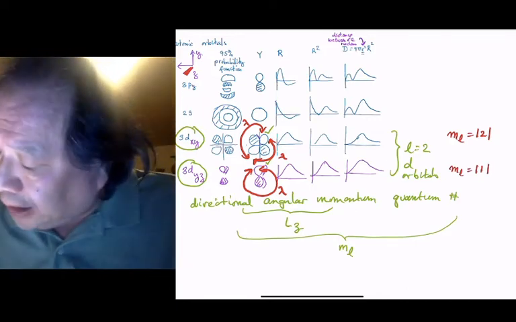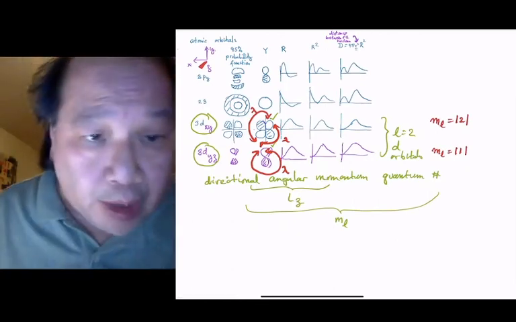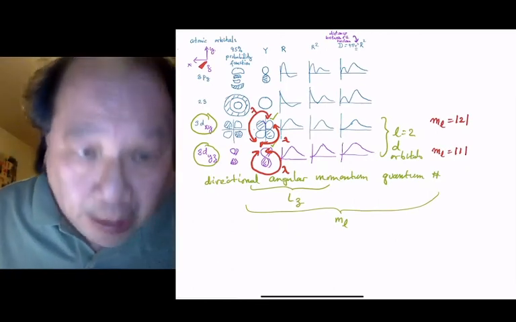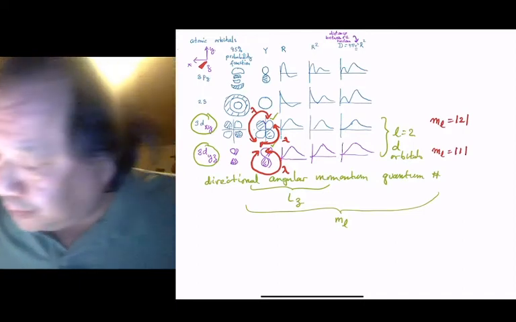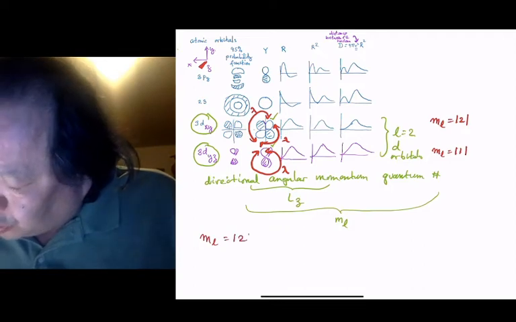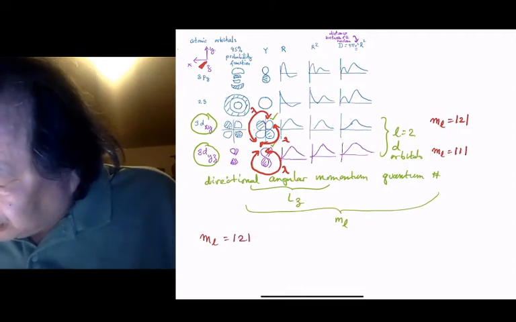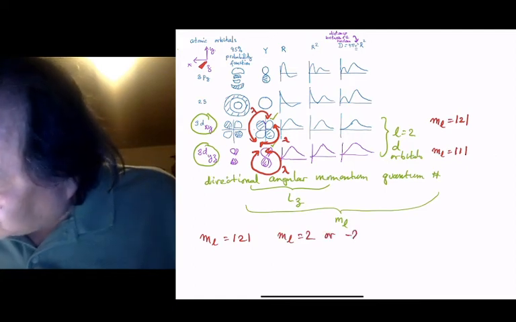And I say in magnitude because it turns out that clockwise rotations and counterclockwise rotations are of opposite sign. So when ml in magnitude is 2, this means ml could be equal to 2 or minus 2 or some combination of the two.